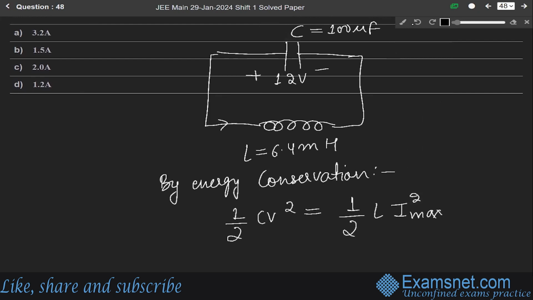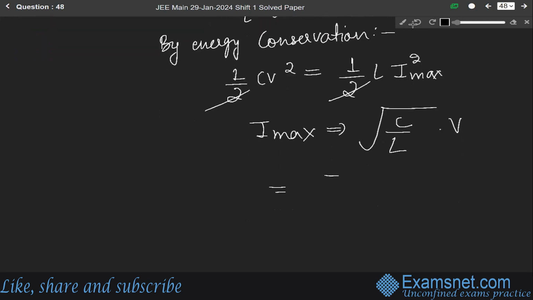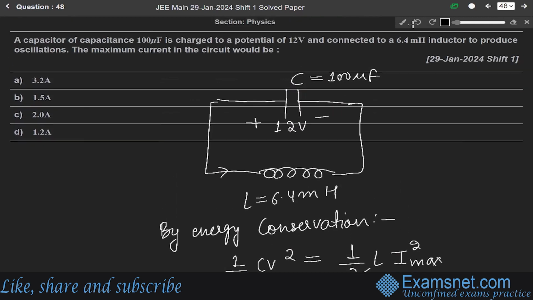The half cancels out, so I maximum will be equal to under root of C over L into V. Now putting the values, C is 100 microfarad, meaning 100 into 10 to the power minus 6, and L is 6.4 millihenry, so 6.4 into 10 to the power minus 3, and V is 12. Now solving this, we get 12 by 8, which is 3 by 2, meaning 1.5 ampere. So the correct answer is 1.5 ampere, option B.